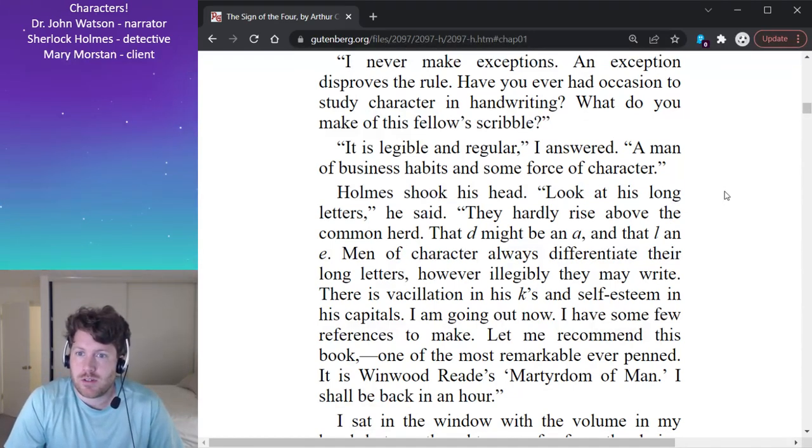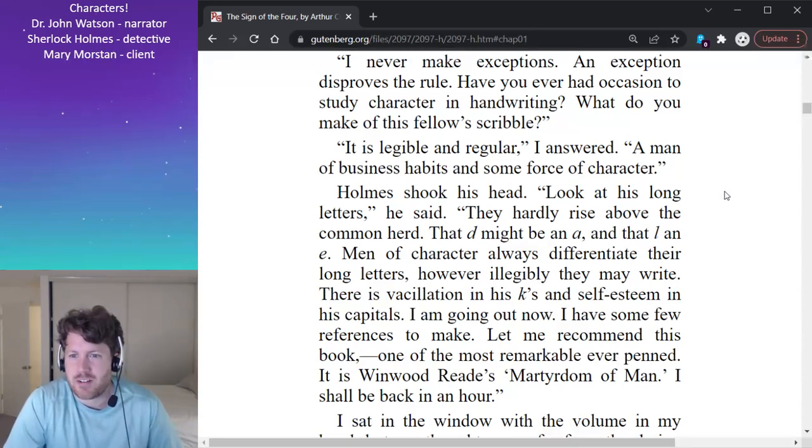Have you ever had occasion to study character and handwriting? What do you make of this fellow's scribble? It is legible and regular, I answered, a man of business habits and some force of character. Holmes shook his head. Look at his long letters, he said. They hardly rise above the common herd. That D might be an A, and that L an E. In cursive, L and E are very similar.